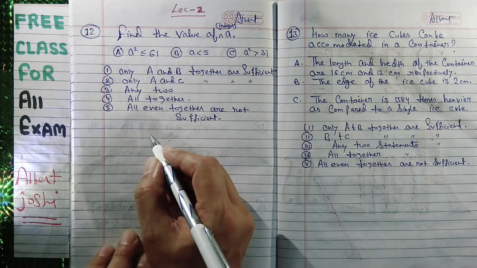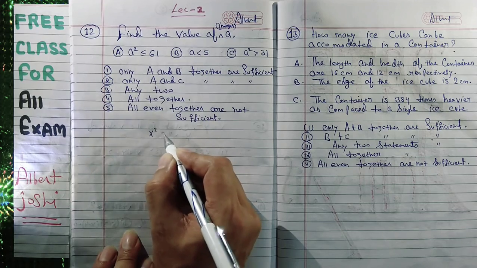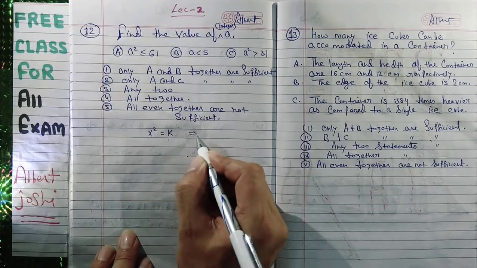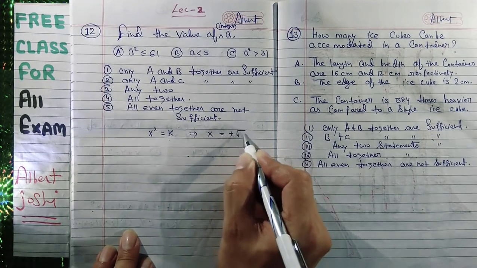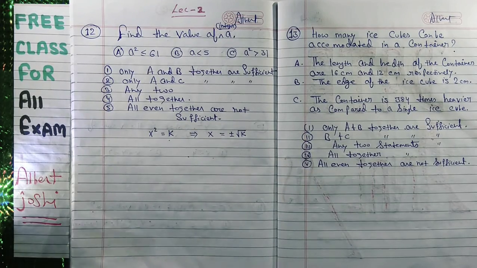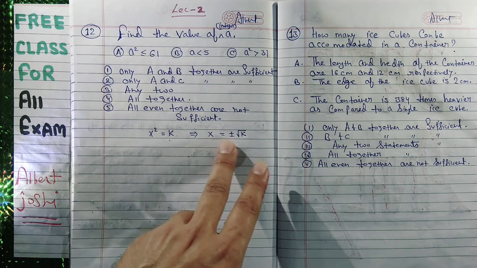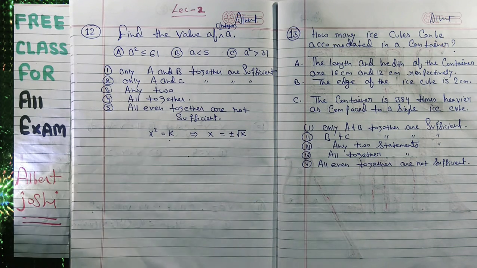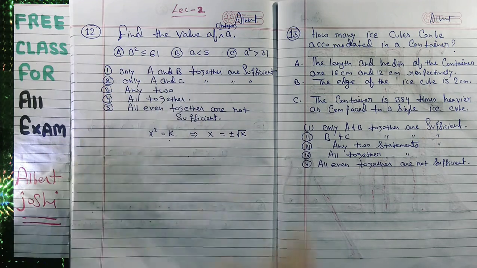We will explain it. I think you have also read that if x square is equal to k, it implies that x is equal to plus minus square root of k, where k is a constant. The same process we will apply here.